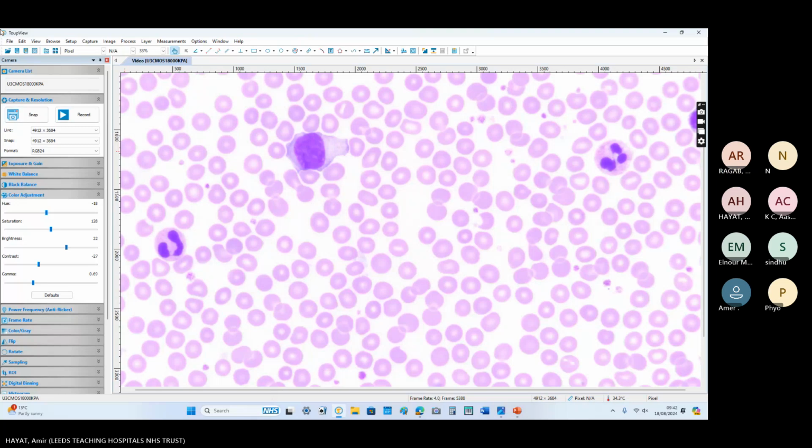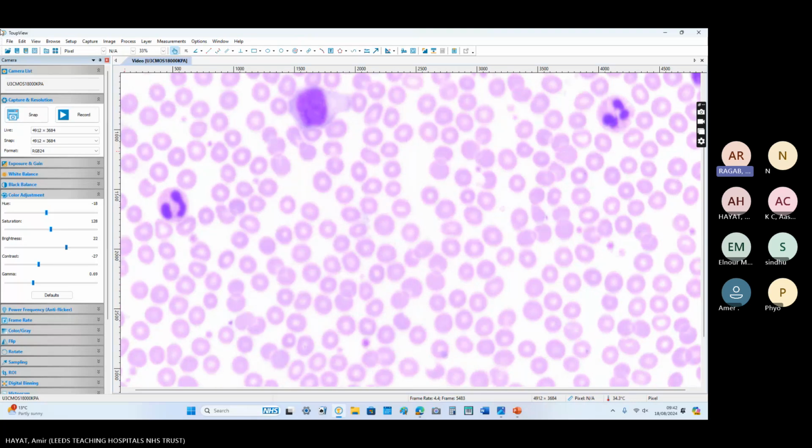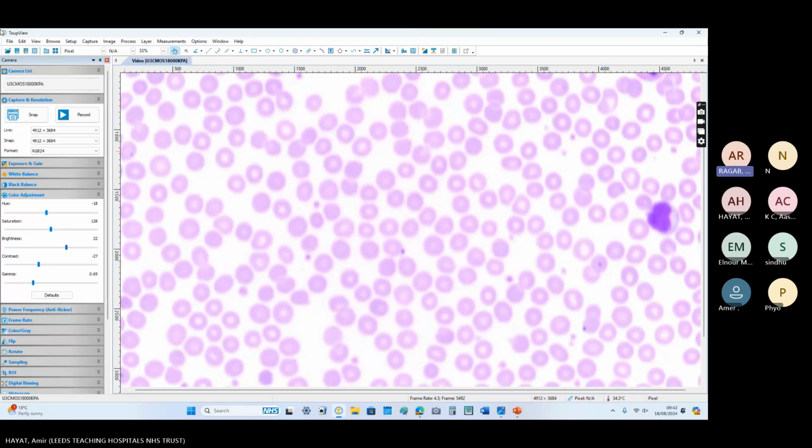The nucleus seems like it's not condensed or compacted chromatin. It's more diffuse, but I can't appreciate nucleoli. There are a couple of mature neutrophils.